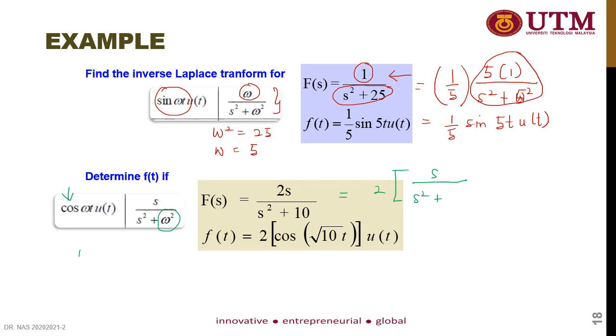So your omega equal to 10, so it is 10 squared. Right, so this is already in cosine shape. So it is equal to 2 cos, your omega is 10, t u(t). So this is your f(t). So with that, I end the first part of Laplace transform.